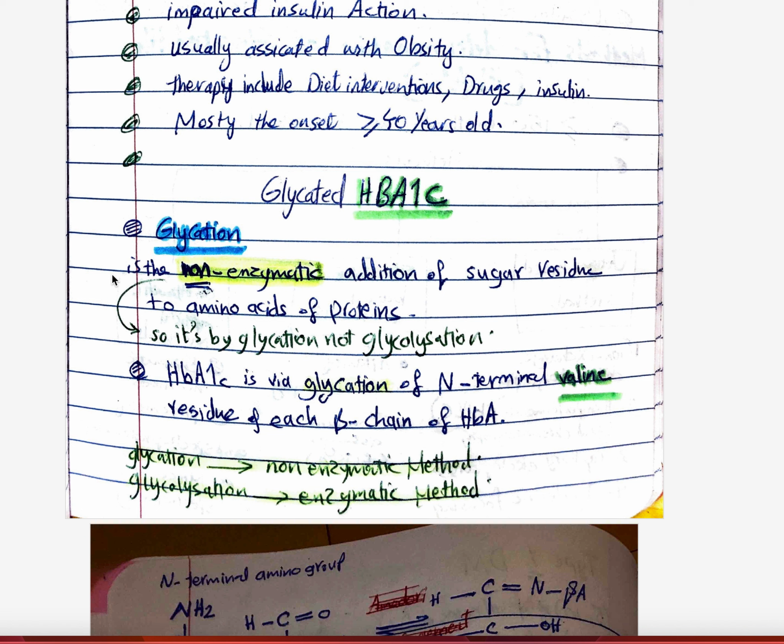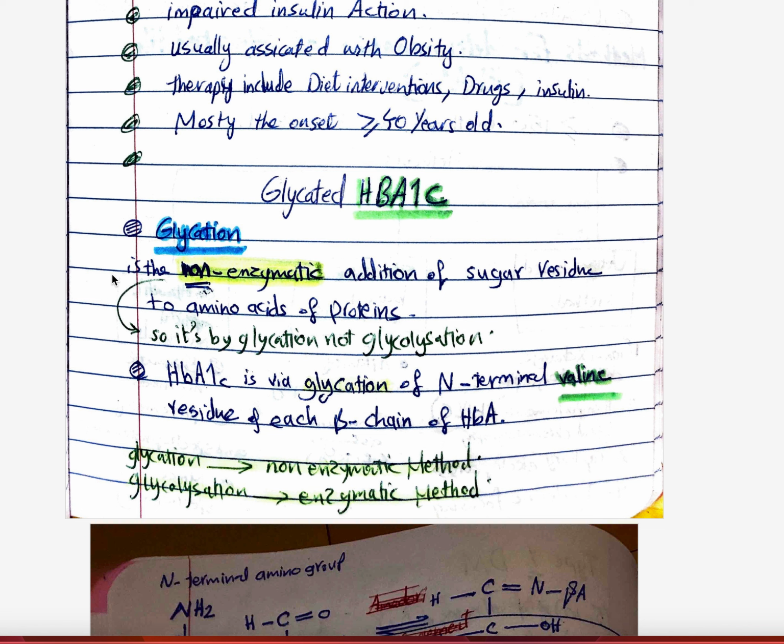But the difference here is that glycation is not enzymatic, but glycosylation is enzymatic. And we said many times that this addition of sugar residues to the amino acid is not enzymatic. So we can say it's a glycation of the amino acid. That means addition of the sugar with no help of an enzyme.